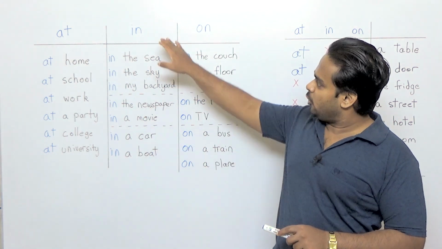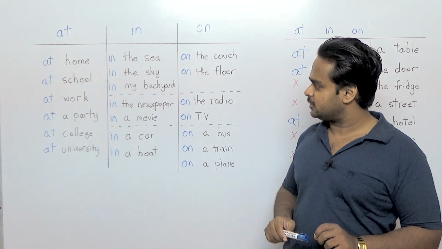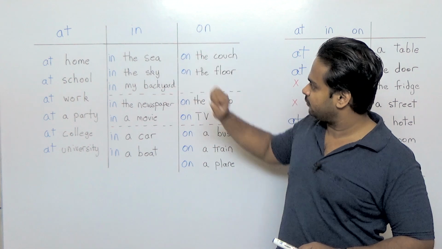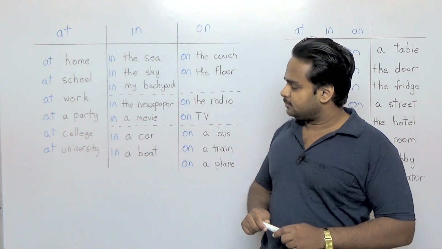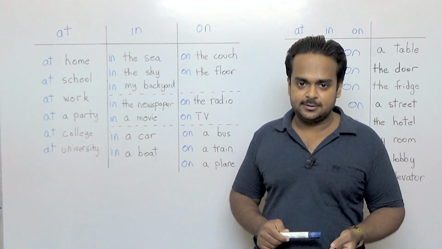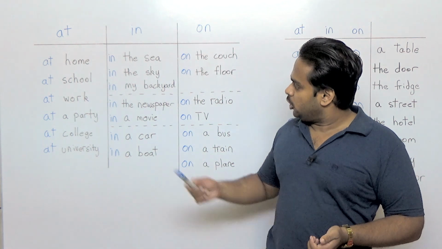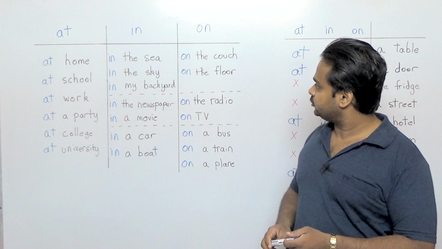Okay, let's now talk about in and on, and there are some tricky expressions here. You'll see that I've divided these into 3 sections. Let's look at the first section. These are some common expressions with in. We talk about fish in the sea, clouds in the sky. You might have a swimming pool in your backyard. Those are common expressions.